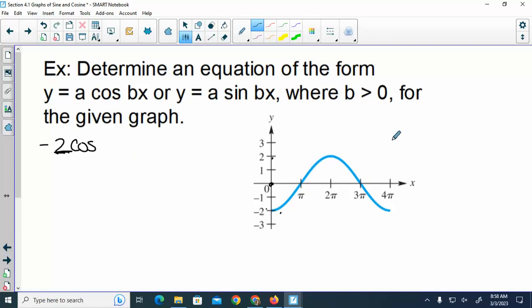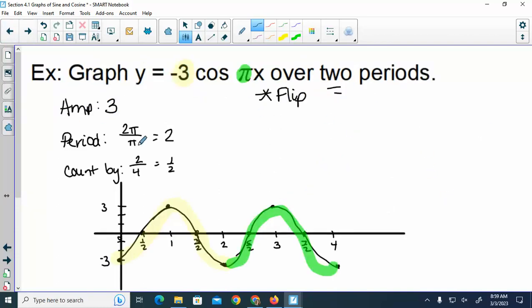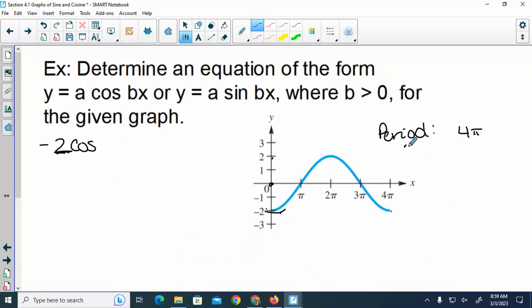So we know when we find period, that's how long it takes until our graph repeats. And if we look at this graph, it had to go all the way to 4 pi before it repeats. When we find our period, we do 2 pi divided by the coefficient of x. So that meant 2 pi divided by the coefficient of x had to equal 4 pi.